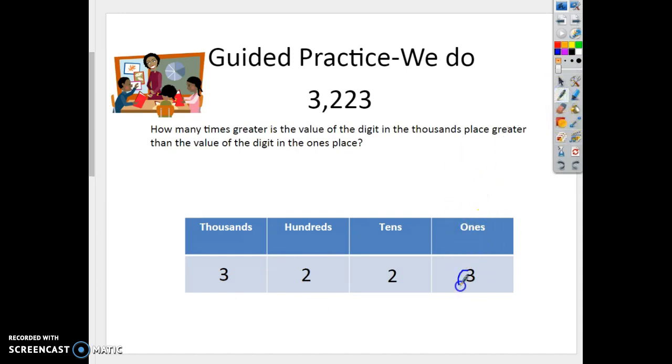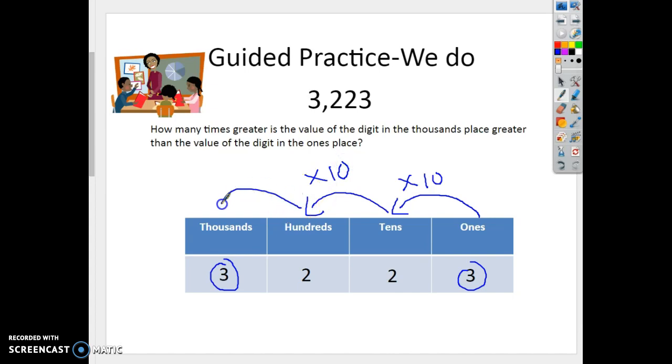Now remember, we're looking at this 3 and this 3. So if you go over 1, it's times 10. You go over again, it's times 10. Then if you go over again, it's times 10.